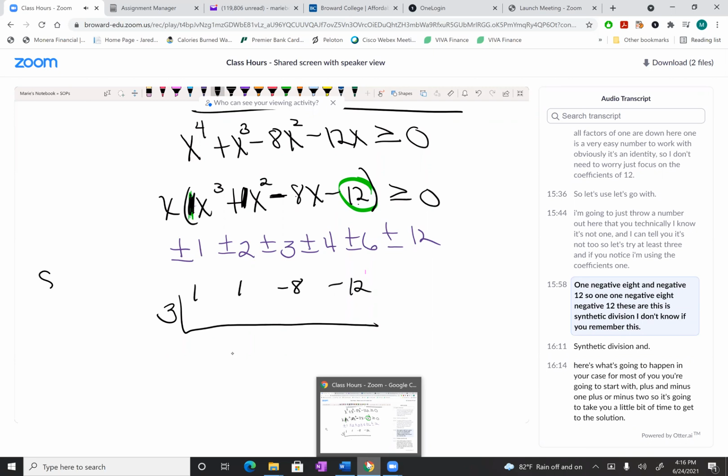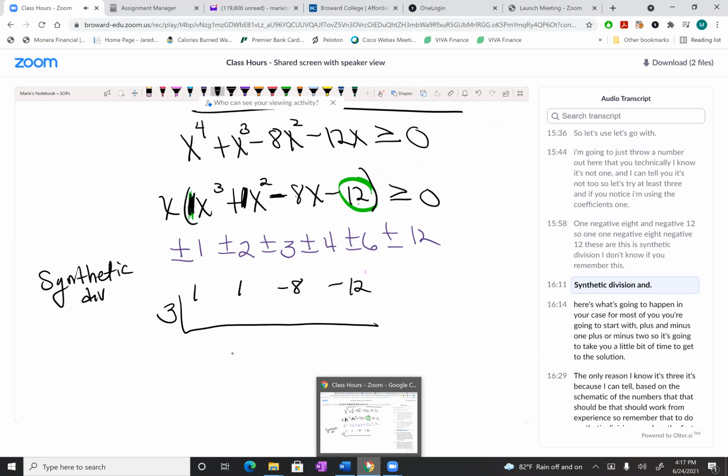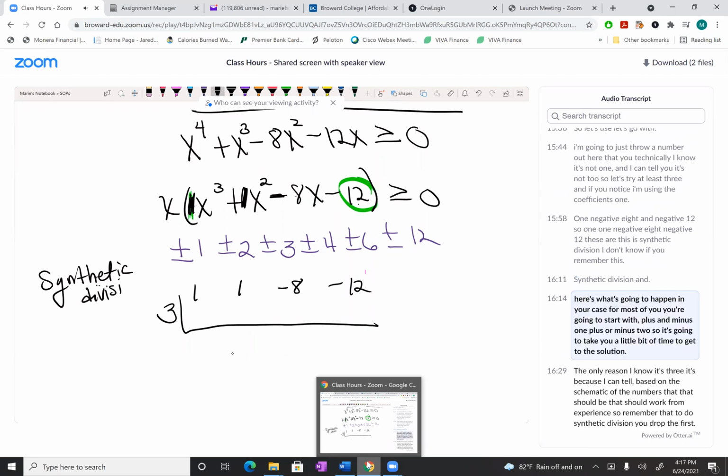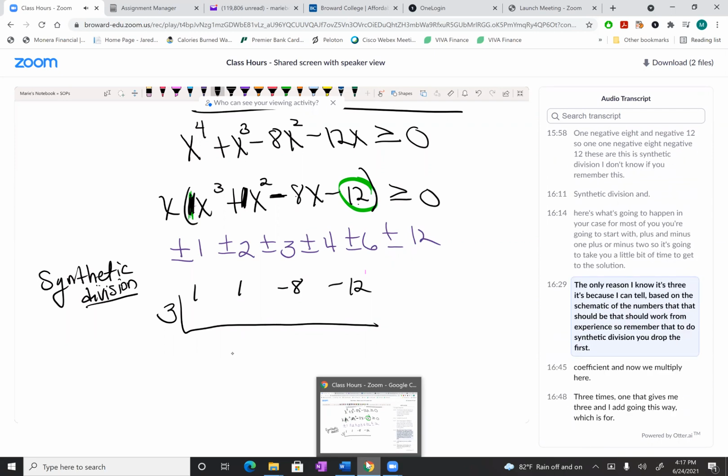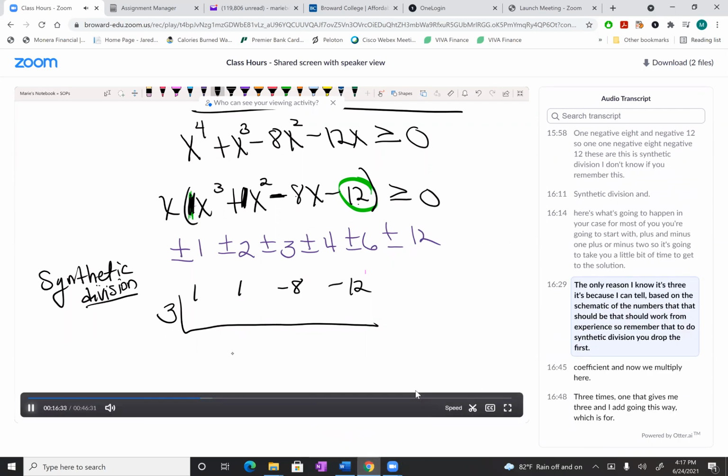This is synthetic division. I don't know if you remember this. And here's what's going to happen. For most of you, you're going to start with plus or minus 1 and plus or minus 2. So it's going to take you a little bit of time to get to the solution. The only reason I know it's 3 is because I can tell based on the pattern of the numbers that it should work, from experience.